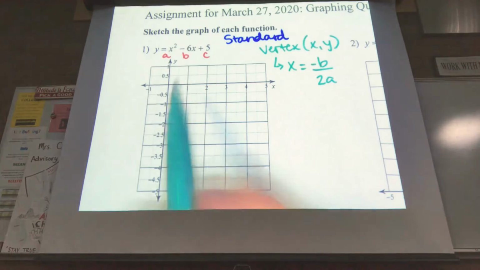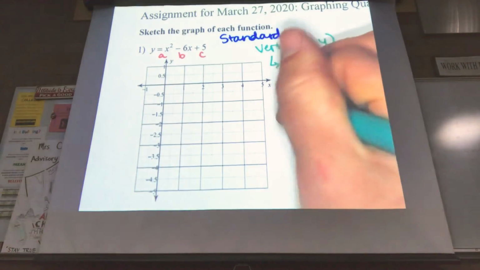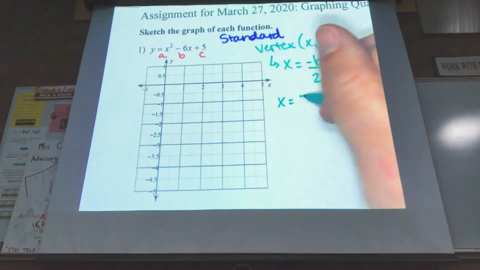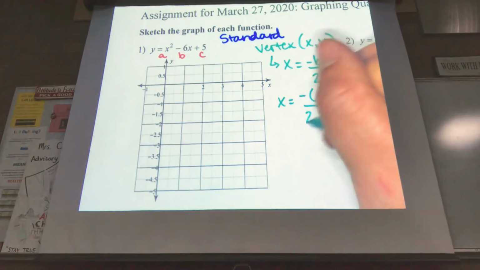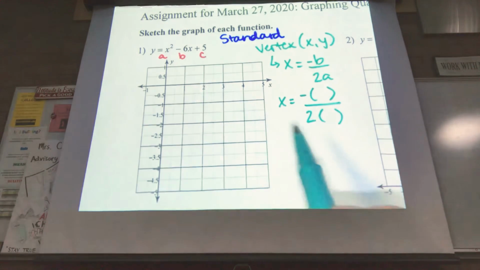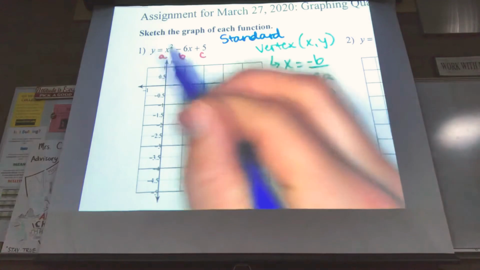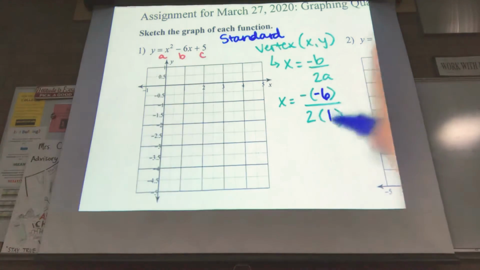I've labeled everything, so we can fill it in. x is equal to negative b over 2 times a. We know that b on top is a negative 6. For a, there's nothing there, that's always an invisible 1.